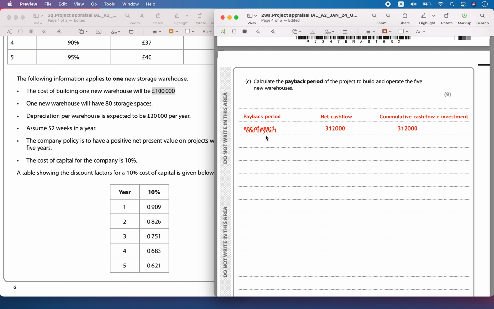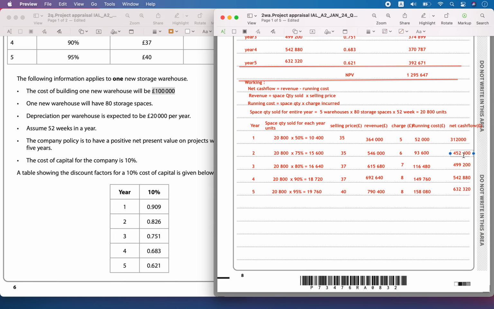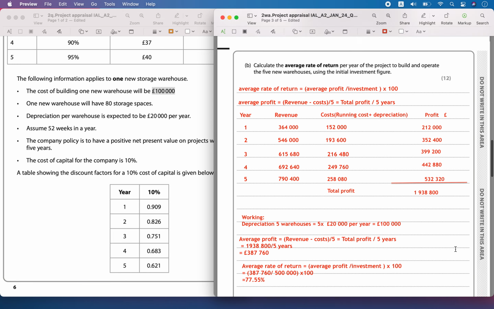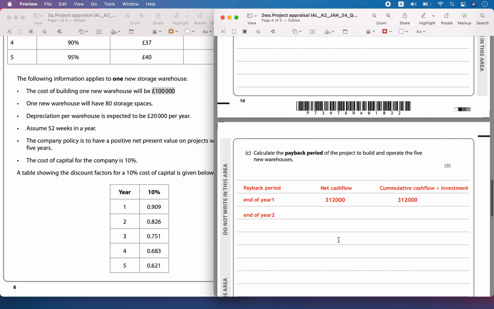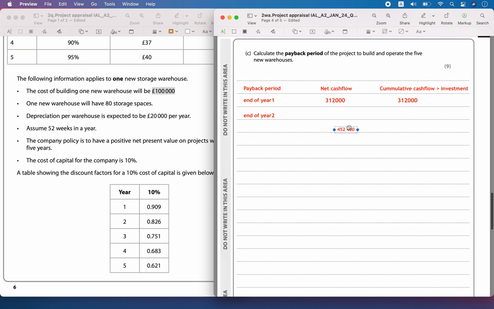Then at the end of year 2 there was again a net cash flow, which was 452,400. We had already calculated revenue minus the running cost to give you net cash flow.